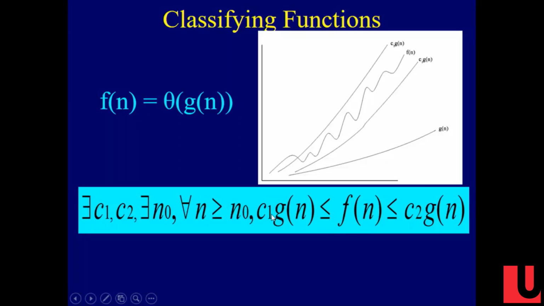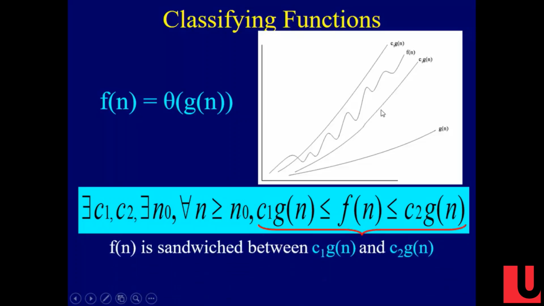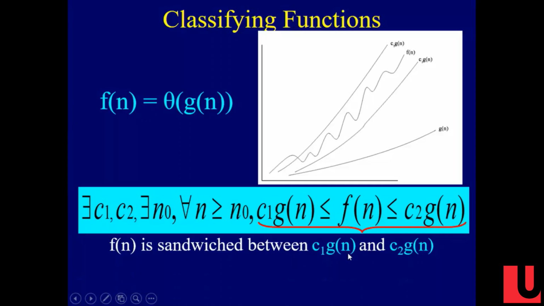And G is always bigger than a little constant times G. Right? So everybody got this part here? We want F to be sandwiched between them. And you can see here, more or less, except for the beginning part, F is sandwiched between these two. So that's what we're saying here. F is sandwiched between those two.